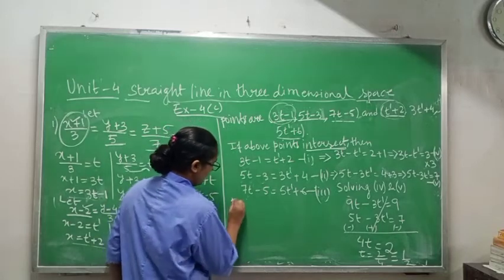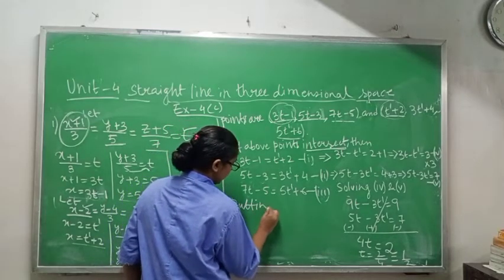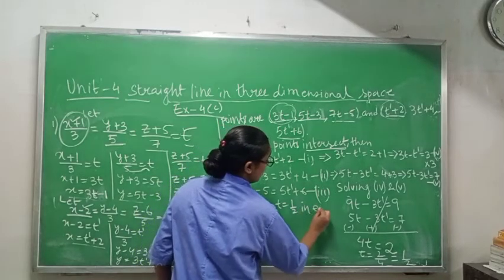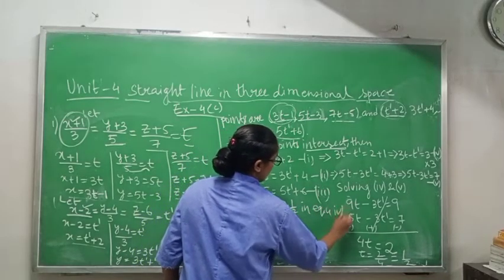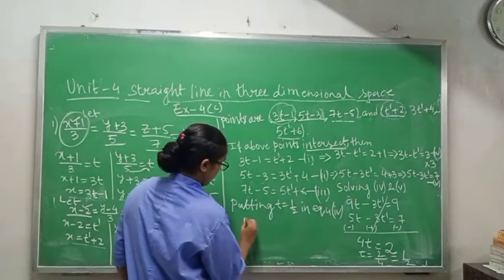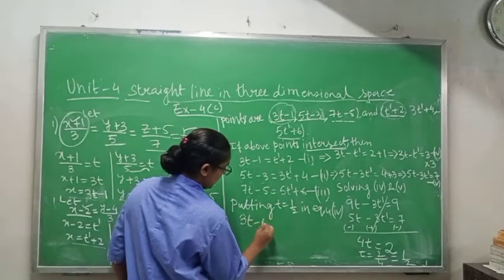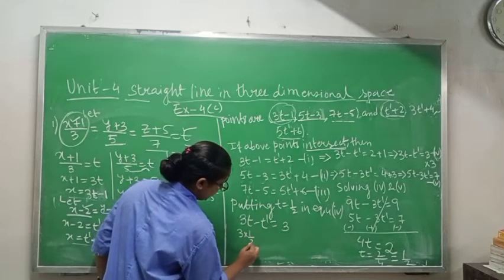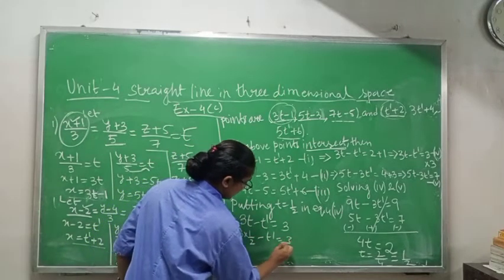Now what will we do? Putting t equals half in equation 4. So what is equation 4? Equation 4 is 3t minus t' equals 3. So 3 into 1 by 2 minus t' equals 3.